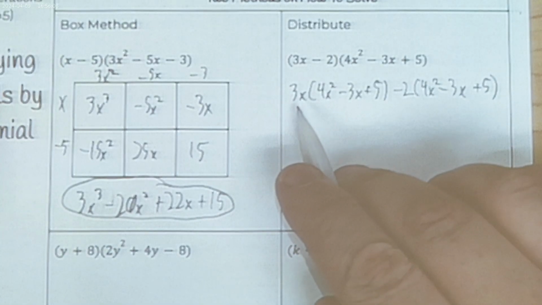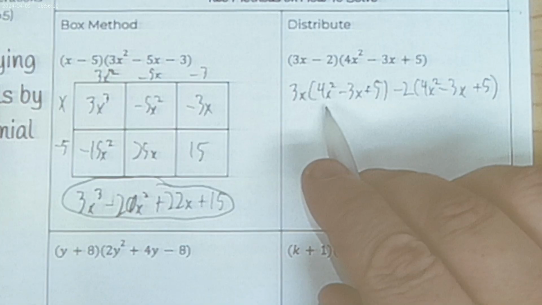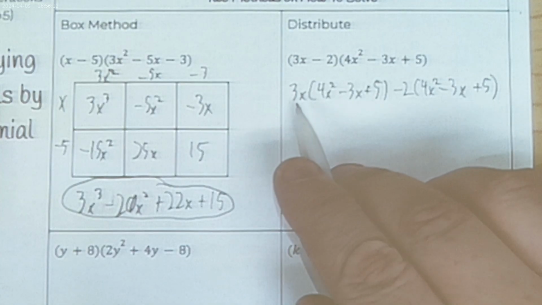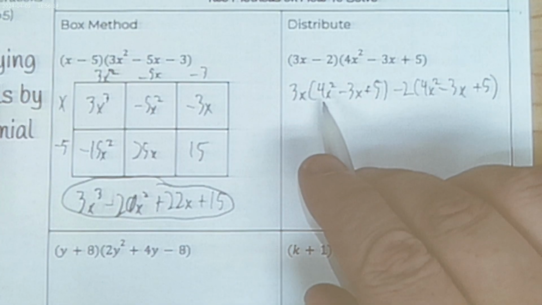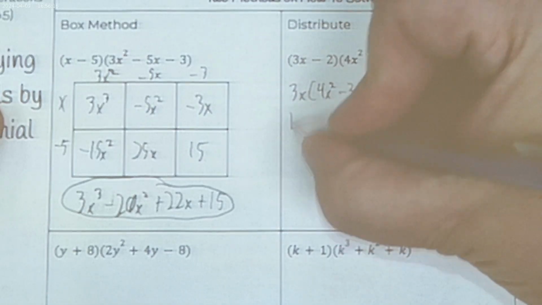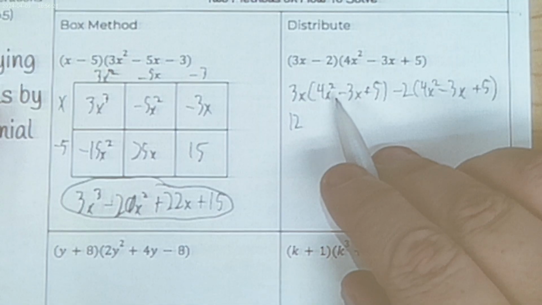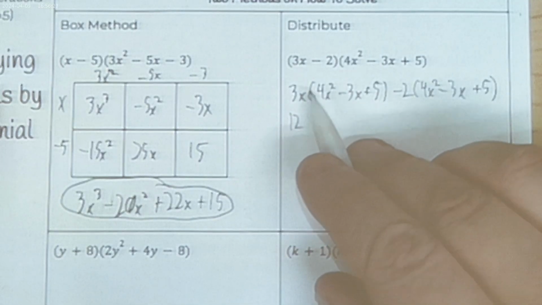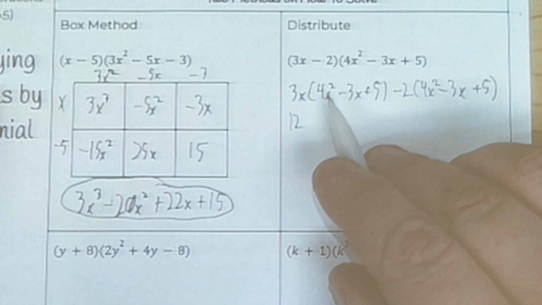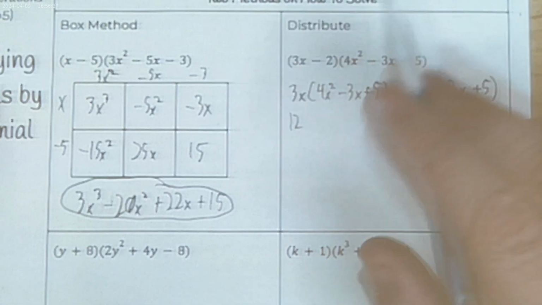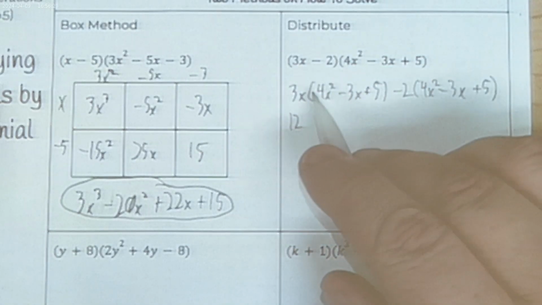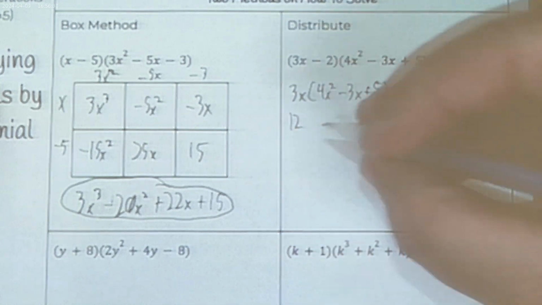So I've got 3x times 4x squared. That's going to give me 3 times 4, which is 12, with x times x squared, which is the same as x to the first power times x to the second power, which, if you remember, our product of powers rule says is the same as x to the 1 plus 2.